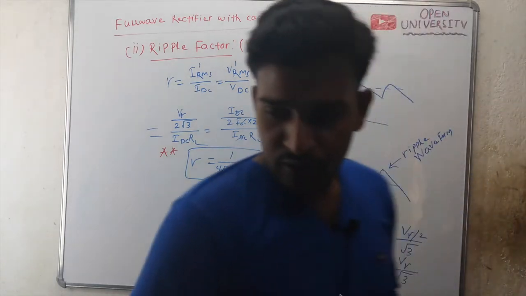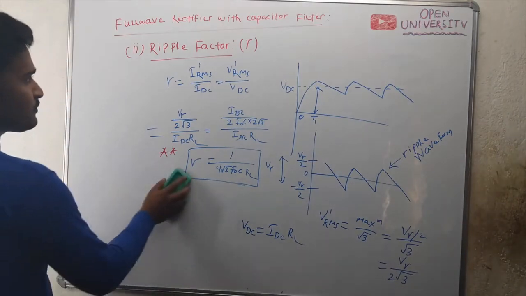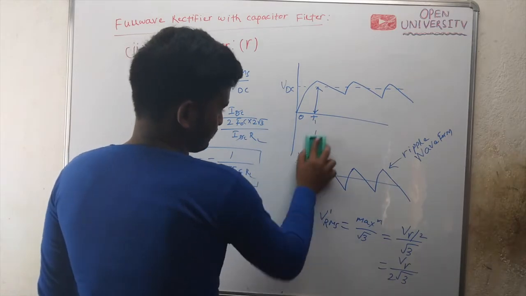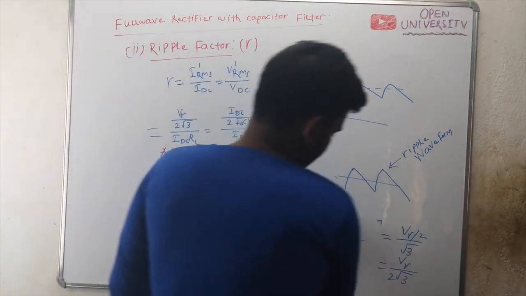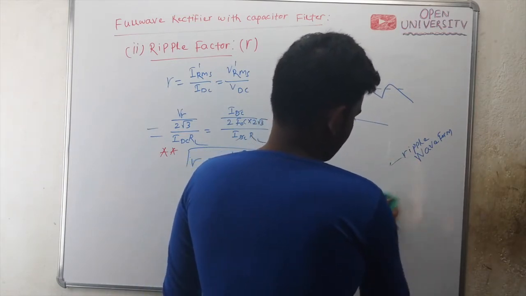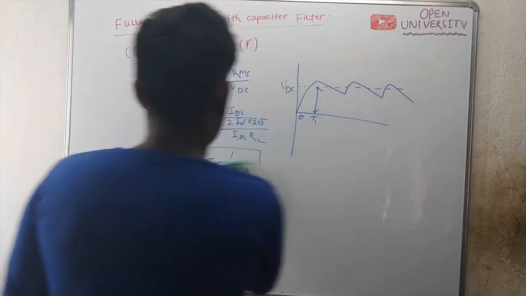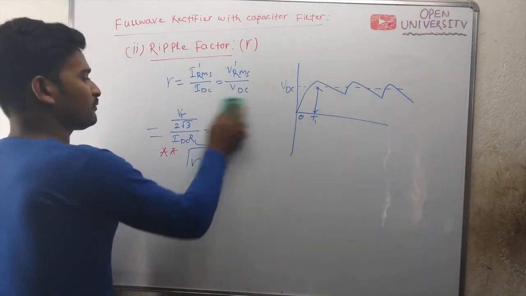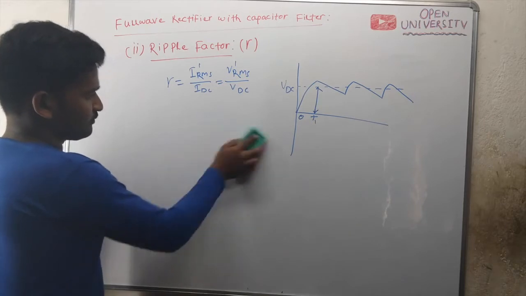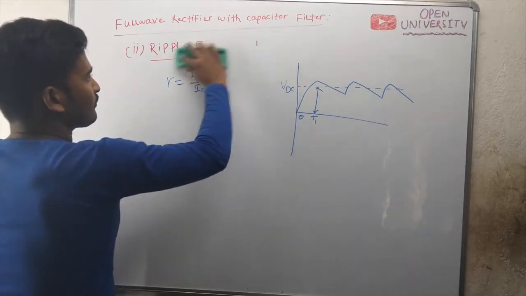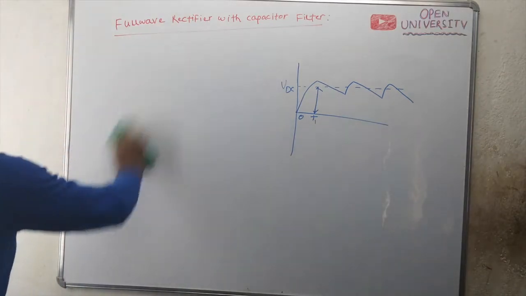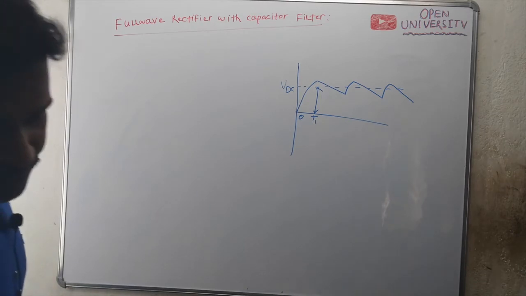Next, we will be calculating the DC output voltage. Give the heading DC output voltage. That is your third point.